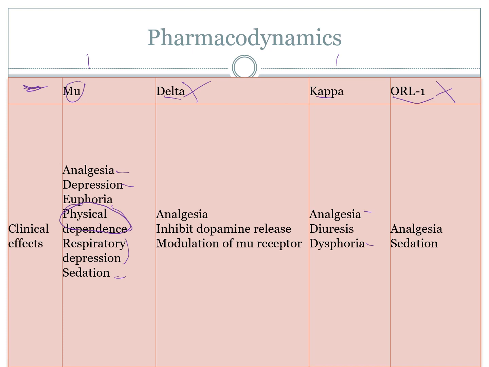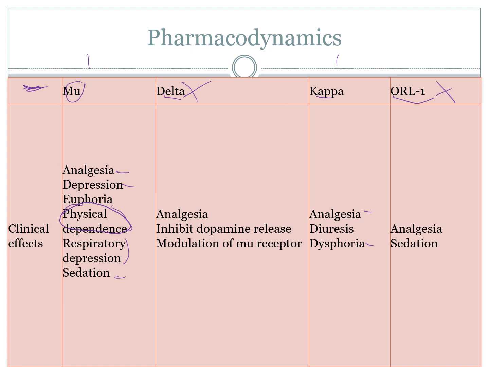monophosphate. And that causes a decrease in the calcium influx by inhibiting the voltage gated calcium channel. Okay, now when that inhibitory response occurs, it actually results in the activation of a potassium channel, which leads to massive hyperpolarization. Now, it's this hyperpolarization that inhibits the neural signaling.